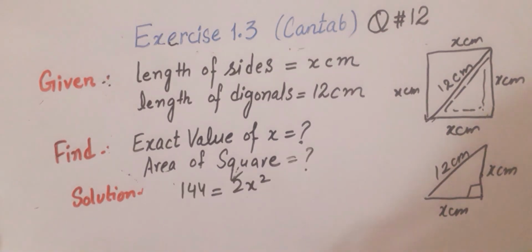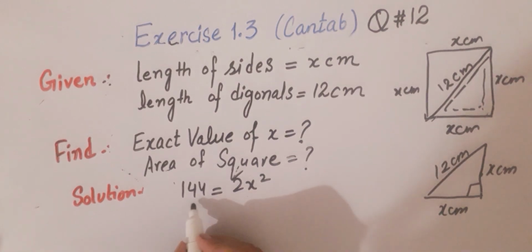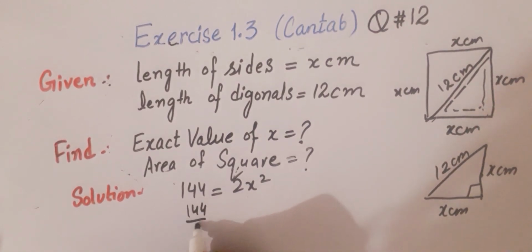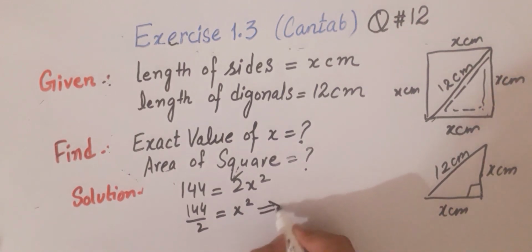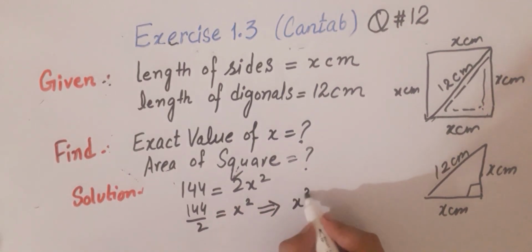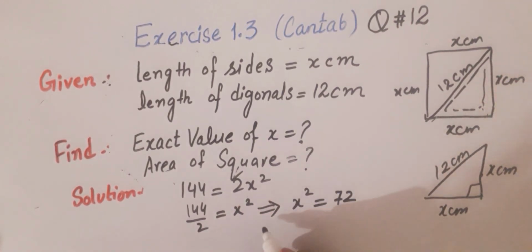Now we will divide 144 by 2 to find the value of x square. We have x square is equal to 72.